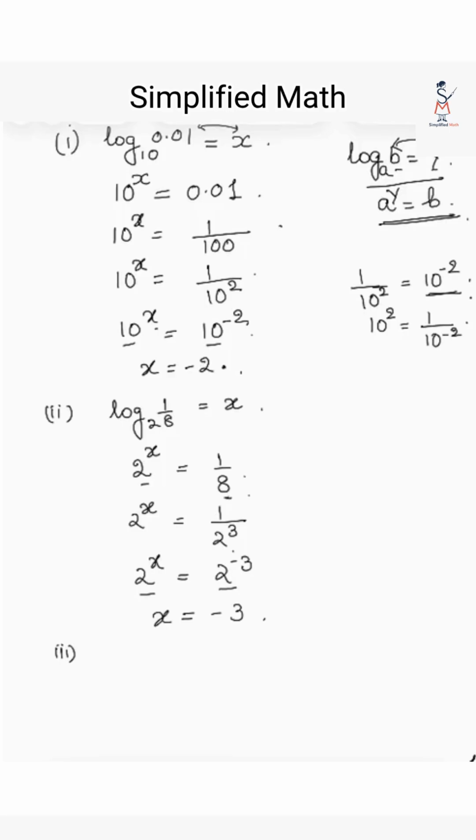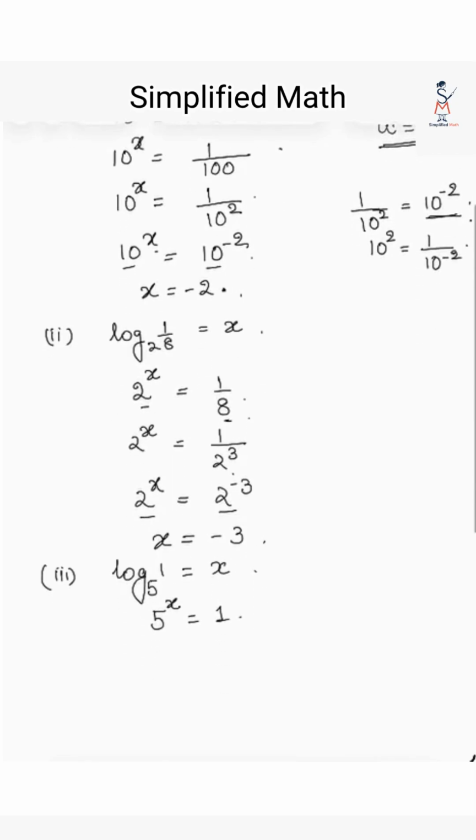Now we will see the third one, which states that we have to find log 1 to the base 5. Again, let it be equal to x. Change it into exponential form. So this becomes 5 raised to the power x is equal to 1. Now we know in exponential form 5 raised to the power 0 is 1. Anything raised to the power 0 is 1, right?